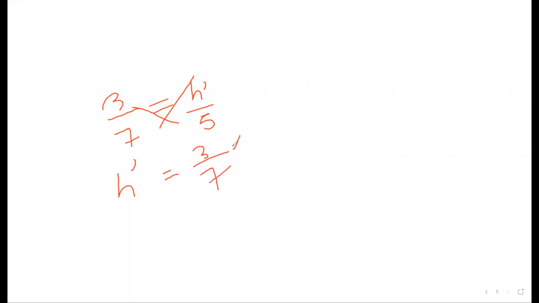That is 3 by 7 equals H dash upon 5, cross multiplication that we have to do. And what is H dash here? H dash will be 3 by 7 into 5, and that will give you the value 15 by 7 centimeter.